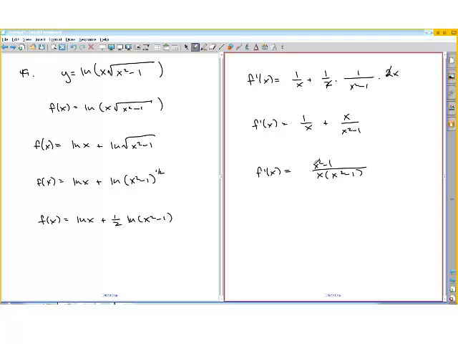So we get x squared minus 1, and then we get x times x, plus x squared. These add, don't they? Yeah, so we get 2x squared minus 1 over x times x squared minus 1.